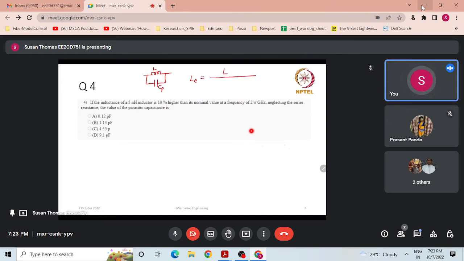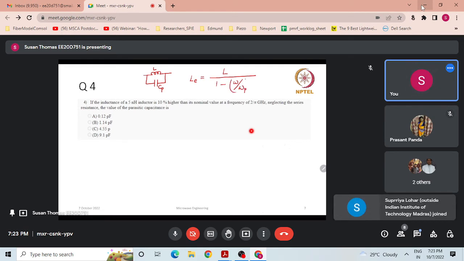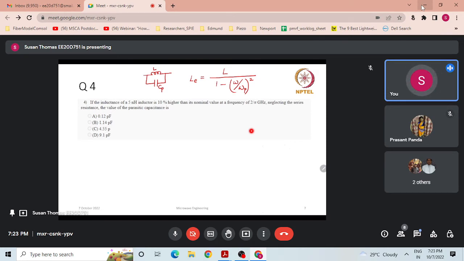The value of inductance L divided by 1 minus omega by omega p, the whole square. Now let me tell you what is omega p and what is omega. Omega is the frequency at which we are looking, or the operating frequency.